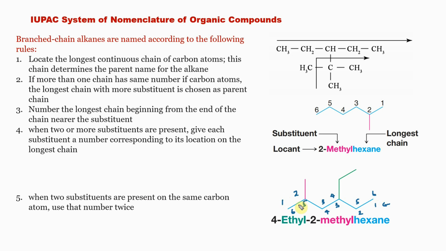Why would I give 3, 5 when I can give 2, 4? 2 plus 4 is 6, 3 plus 5 is 8. Lowest locant rule, so I go with this way. So 2 methyl, 4 ethyl. And when you label it, you look at alphabetical order, not number order. So ethyl comes first, methyl comes later. So 4 ethyl, 2 methyl hexane.